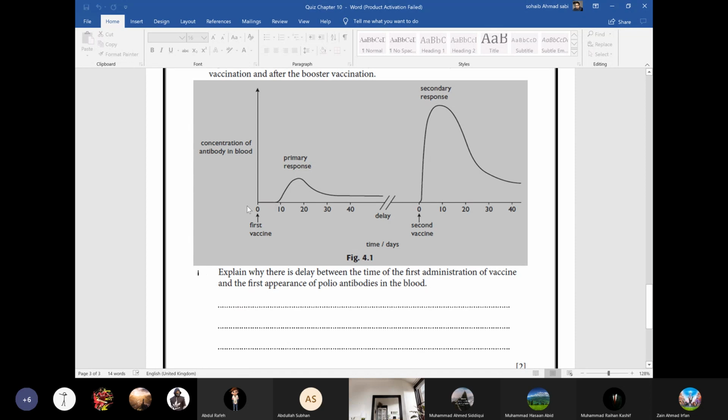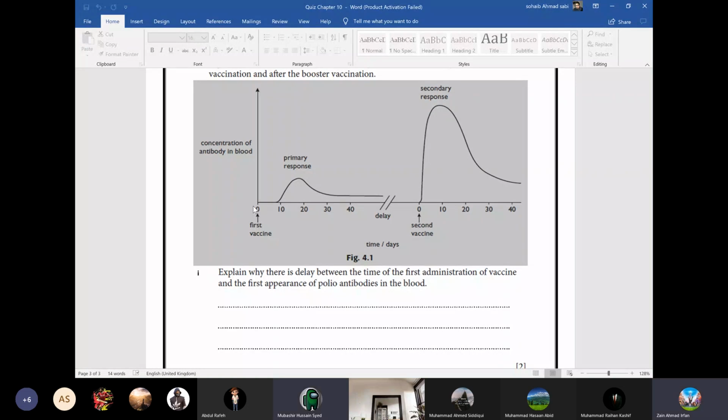The question is why there is this delay. Can anyone answer this question, boys? Sir, when the second response is given of antigen, it already has memory lymphocyte cells. No, no, the question is why it has taken 9 days to start the production of antibodies.